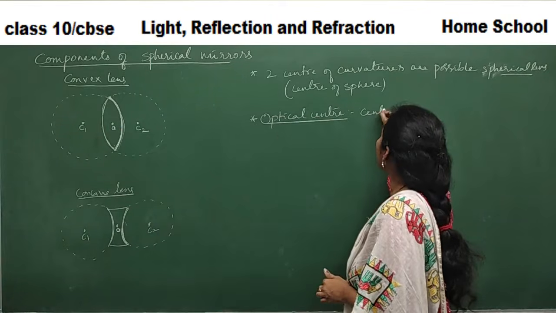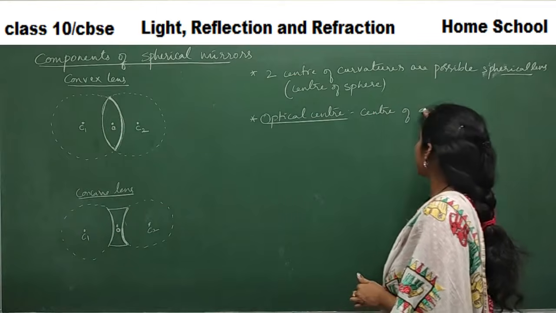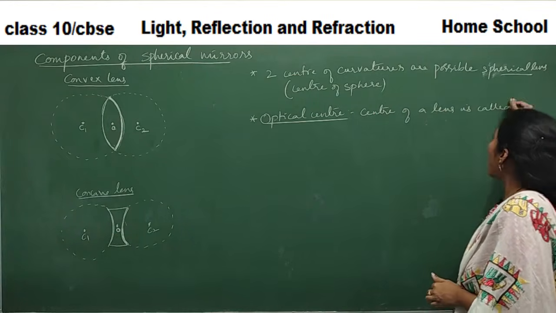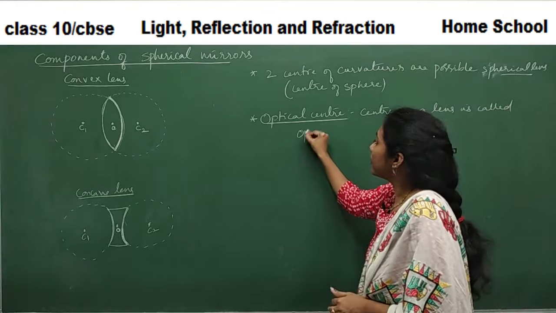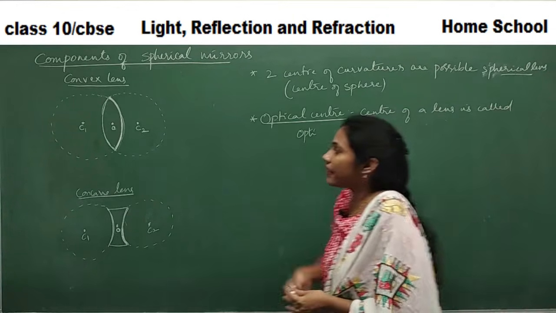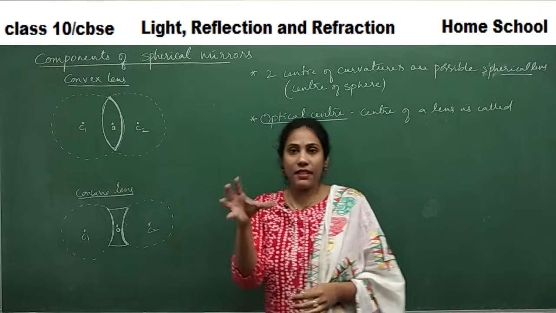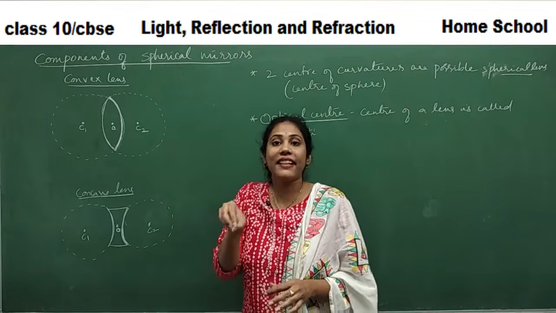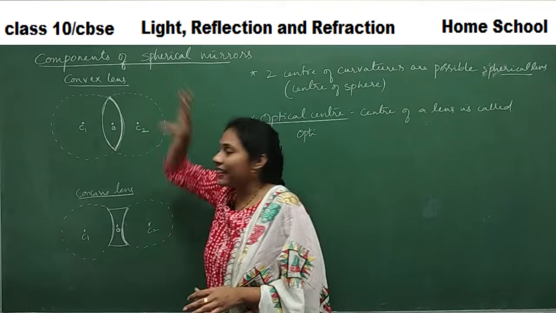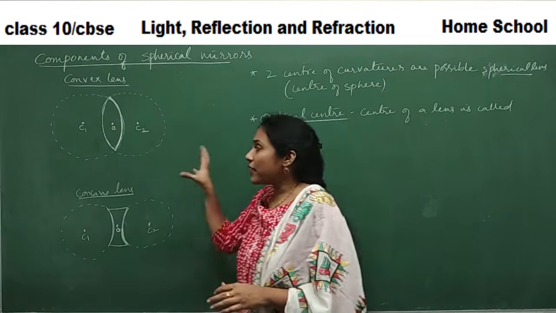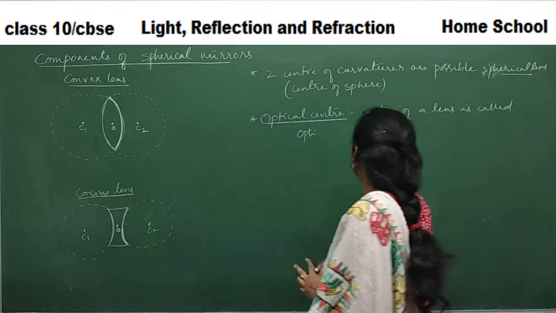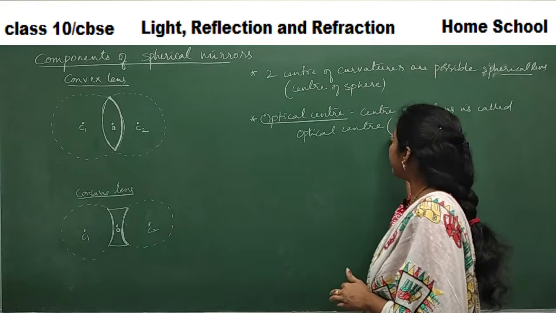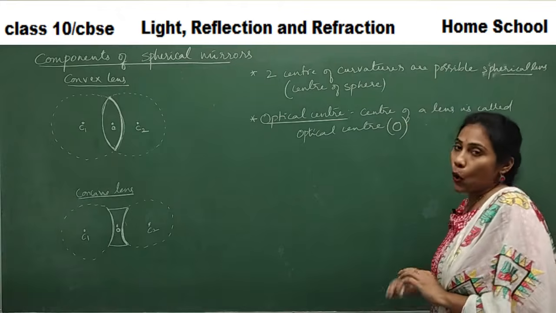The center of a lens is called what? Optical center. It is the center which is inside the glass, exactly at the center. So that is our optical center, represented with the letter O.